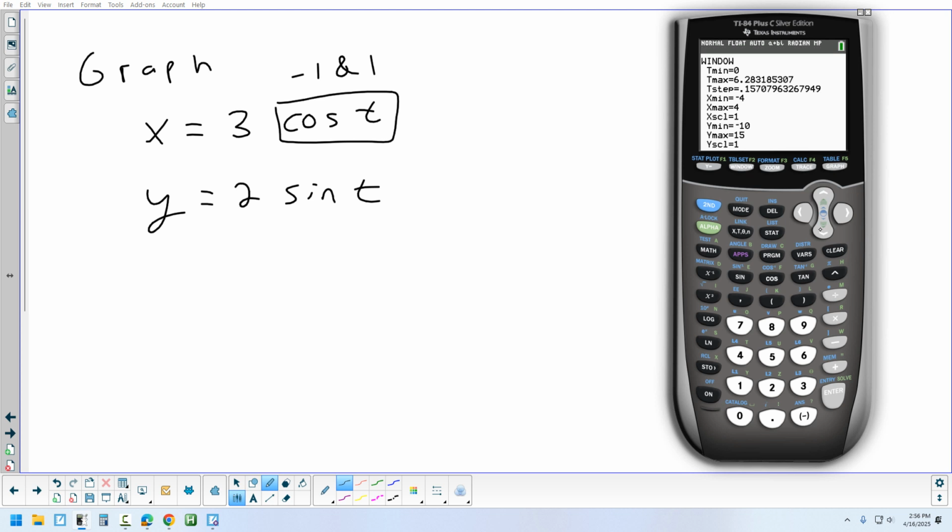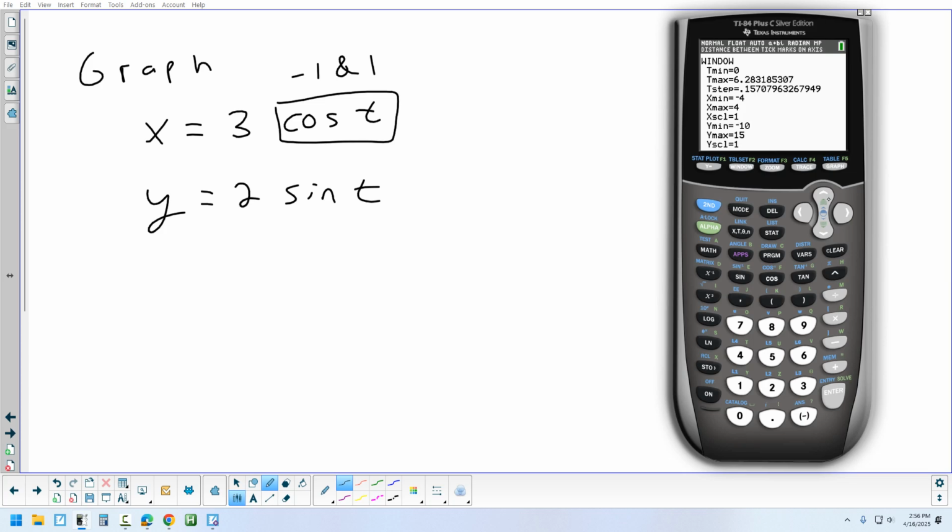And what's sine always between? Yeah. -1 and 1. And if you double it, you would be between 2 and -2.